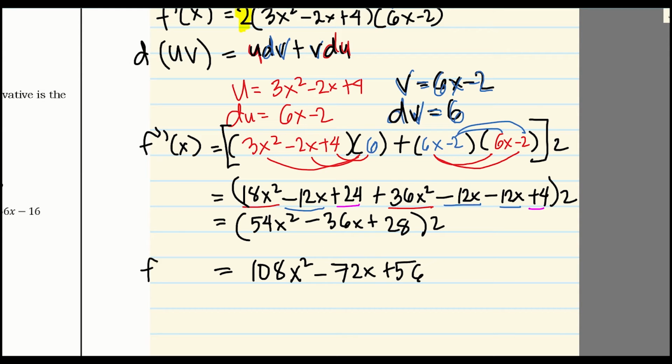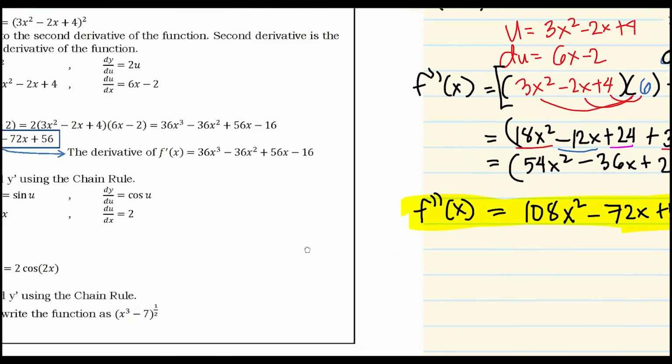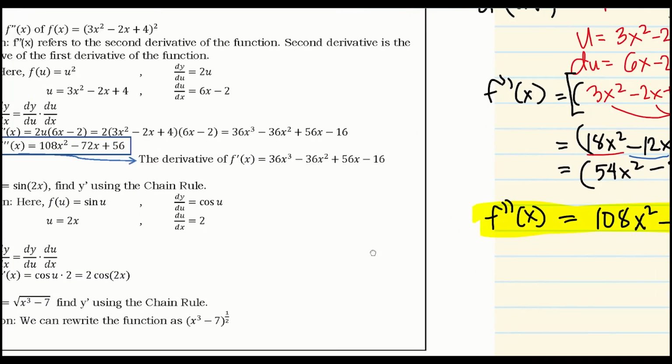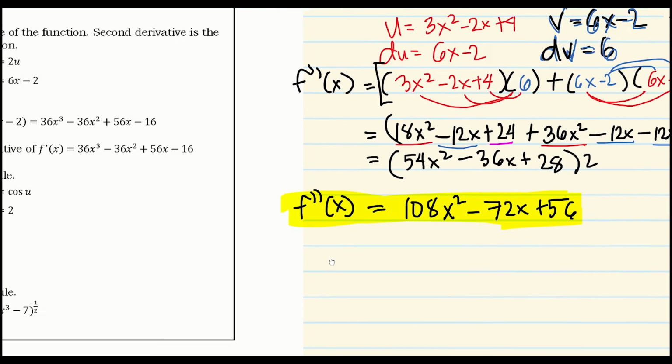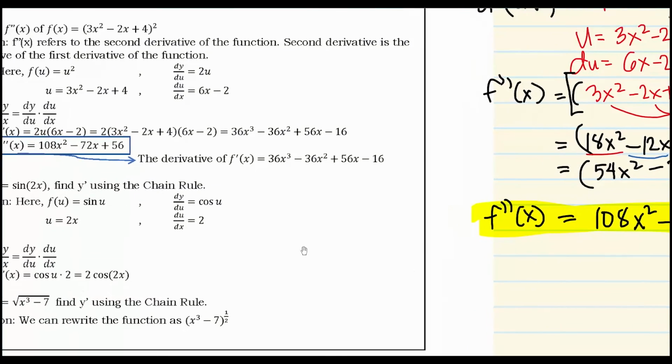So this is the second derivative of the function. That's supposed to be the chain rule. So let's check if we have the same answer: 108x squared minus 72x plus 56.